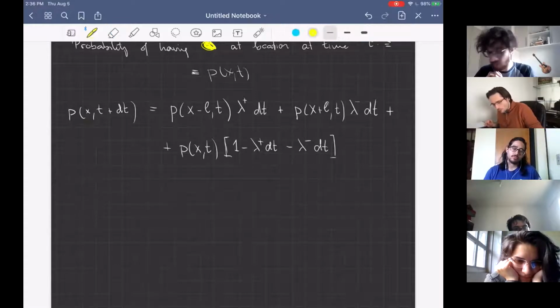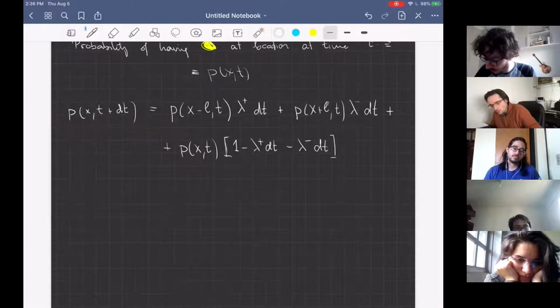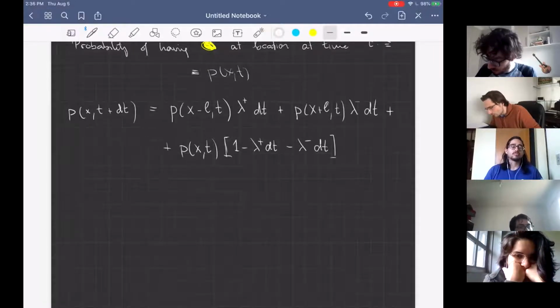So what we can do next, we already have this equation for the probability of being at location x at time t plus dt. What we can do is the same as we did to obtain the master equation. What we did was to expand in t. We assume that dt is very, very small, and we are going to expand in t.